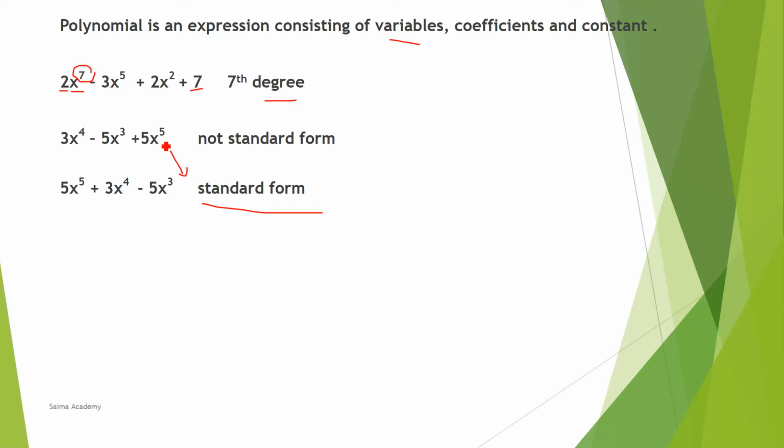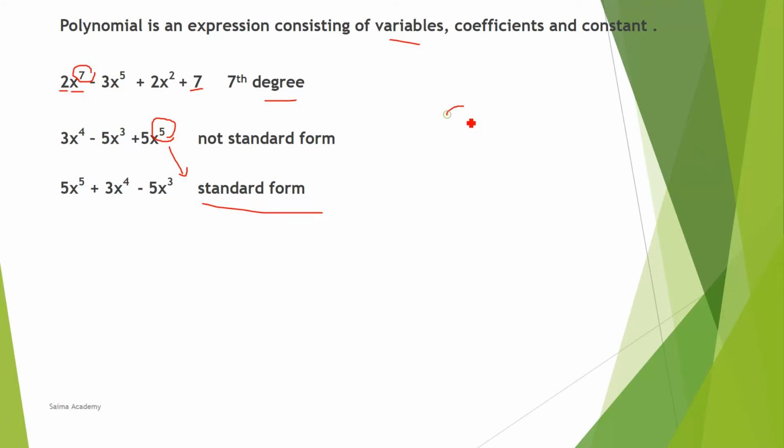But if someone asks you the degree from here, you have to say this is the fifth degree. You decide the degree on the basis of the highest exponent. This is the standard form. That is fine because this is 7, 5 square and then constant. So this is fine. But this is the seventh degree because it has the highest exponent. This is not the standard form, but this is the fifth degree and this is the standard form, right?